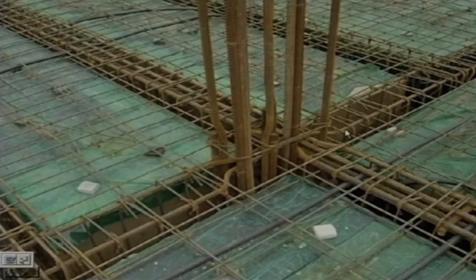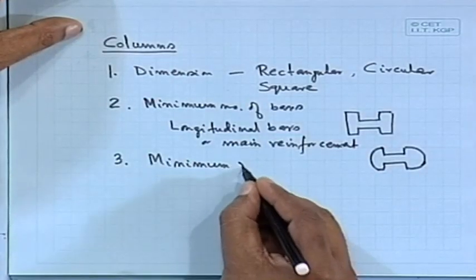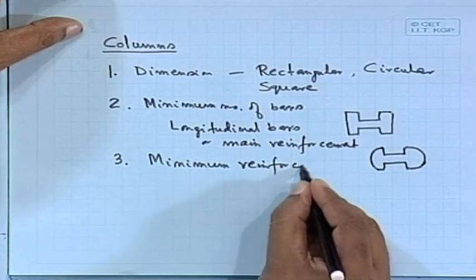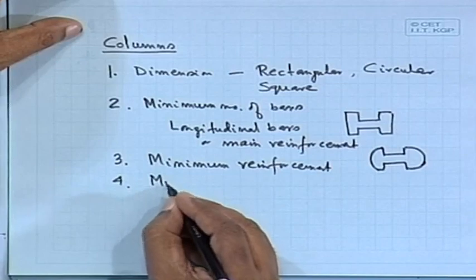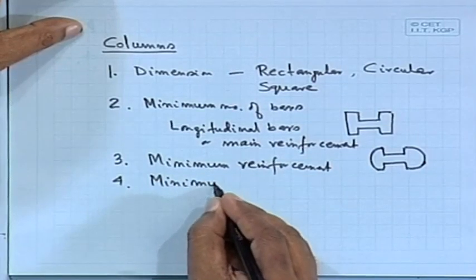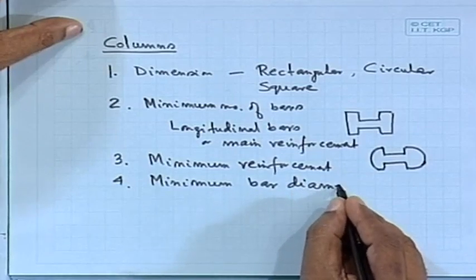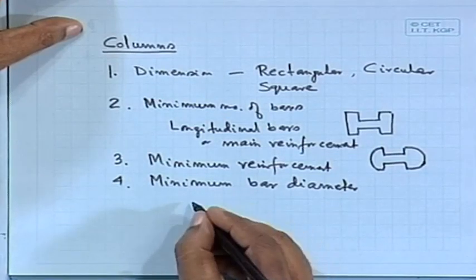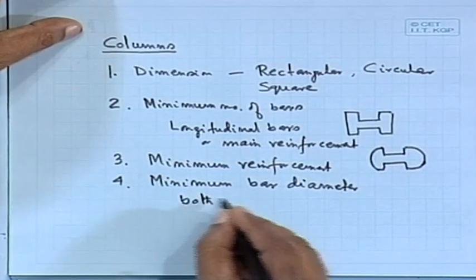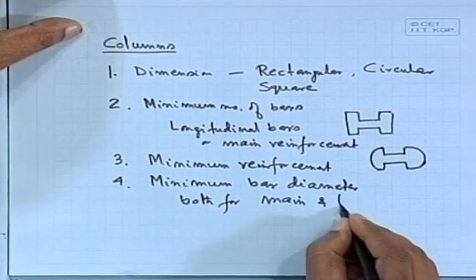Then we are having, say, minimum reinforcement. Minimum bar diameter, both for main and transverse.